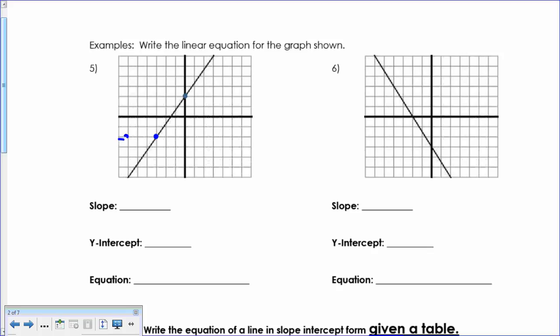Yeah, negative 3, negative 2. We're 3 to the left and 2 down. Those are both negative. Remember, you're in quadrant 3 here, which means both coordinates are negative. Now, what is the coordinate of this point right there?